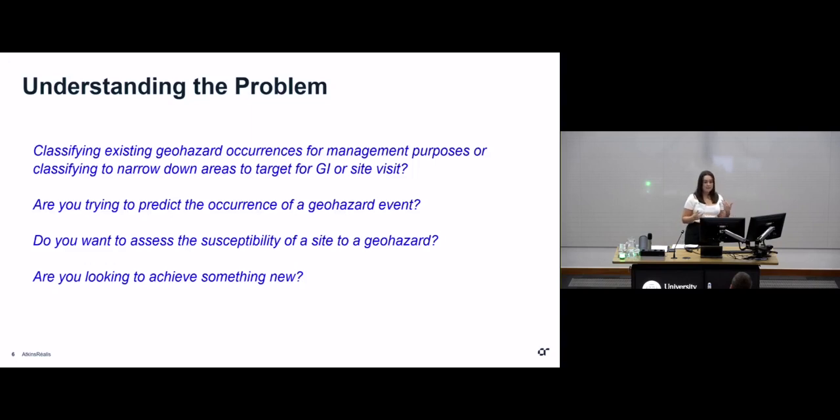Perhaps your client has things going on in their embankments and you want to funnel down where you could get these events. Do you want to do a large mapping exercise like susceptibility of a site to geohazard, potentially red, amber, green type things, or a heat map? Or are you trying to achieve something new, as we've seen this morning, lots of exciting things.